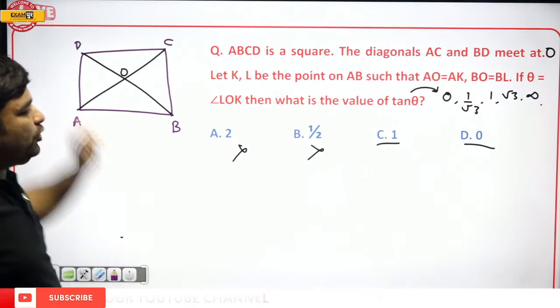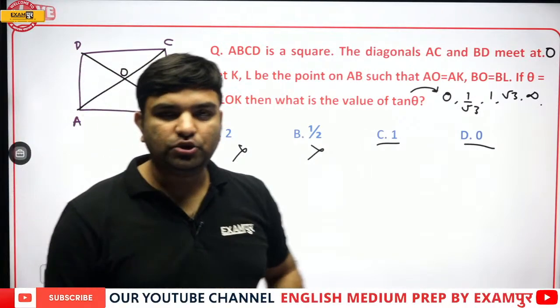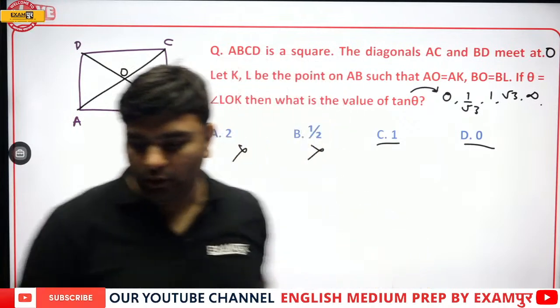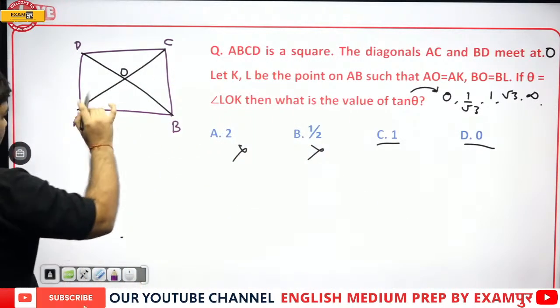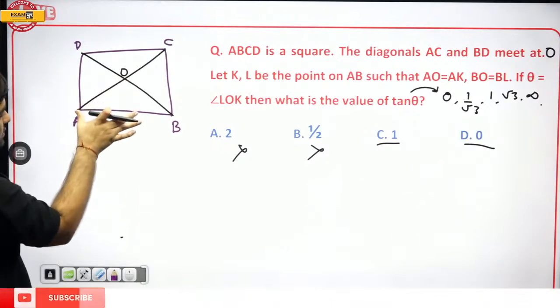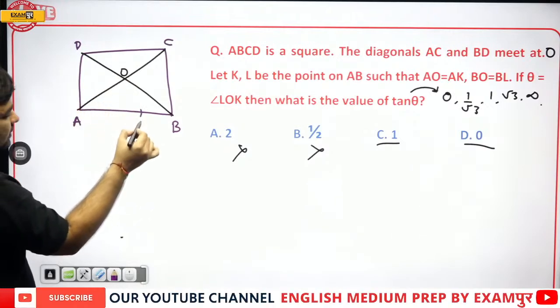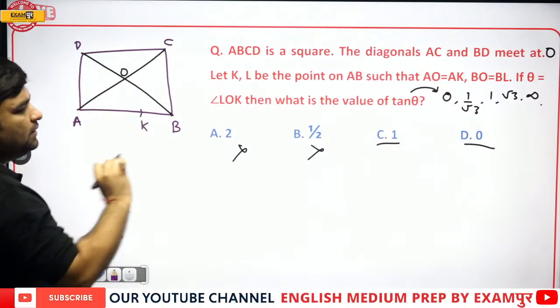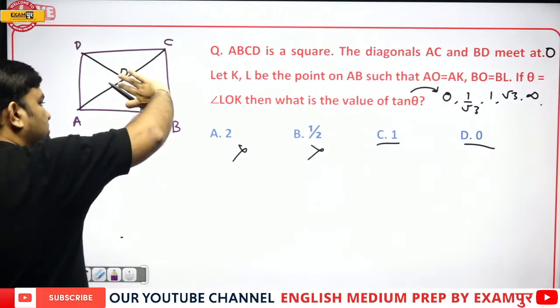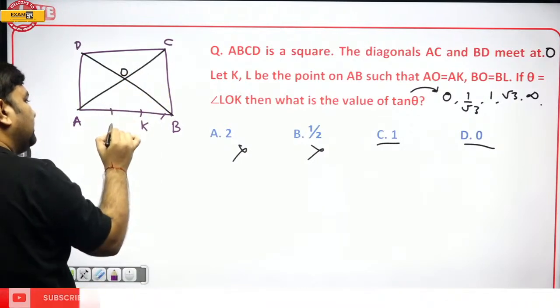K is a point on AB such that AO is equal to AB. AO is this much, so let K be here. BO is this much.